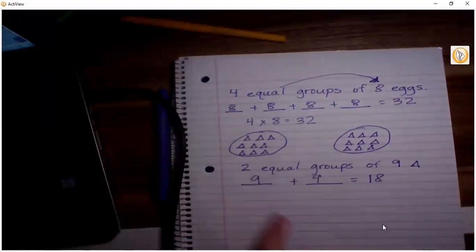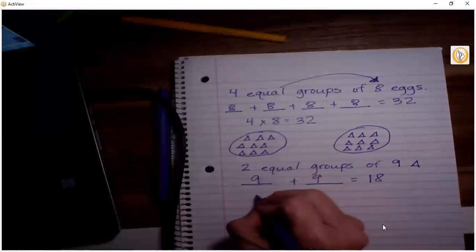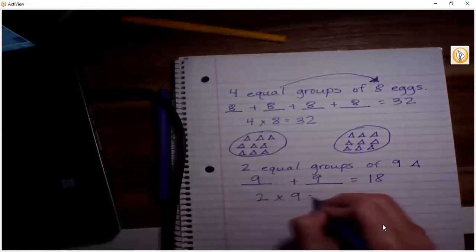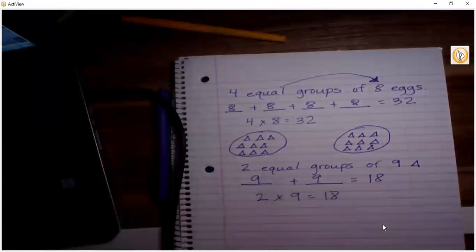This is the same thing as saying 2 groups of 9 equals 18. Okay. Or you can always pause the video if you're not quite ready to go on and come back when you are.